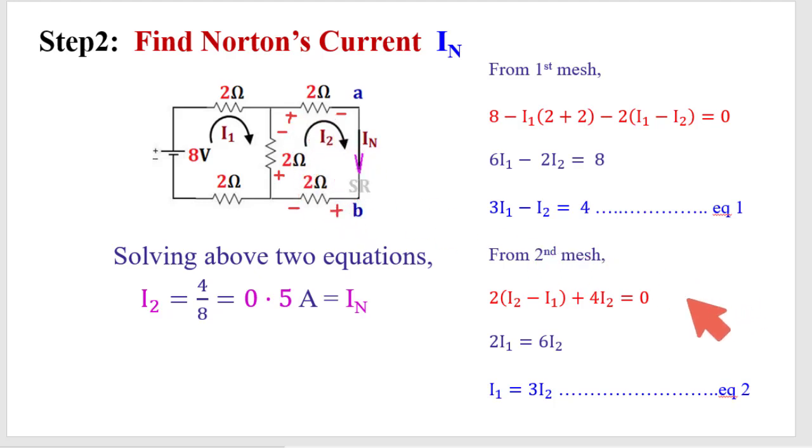From here I got this equation, and simplifying it I got I1 equal to 3 times I2. Now solving equation 1 and equation 2, I got I2 equal to 0.5 ampere, and this I2 is nothing but IN. So the Norton current is equal to 0.5 ampere.